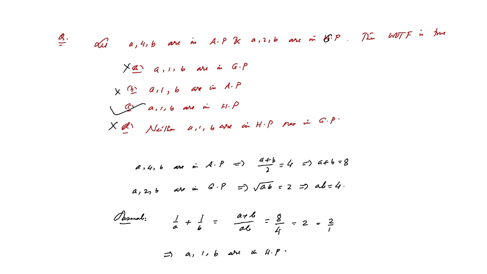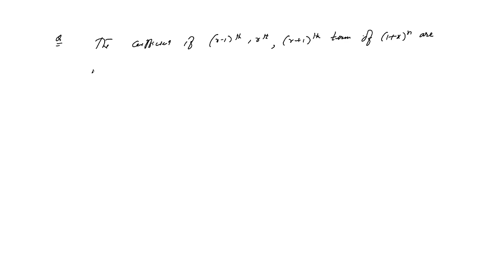There is another question, given from the binomial expansion. The question is: the coefficients of the r minus 1th, rth, and r plus 1th terms of 1 plus x whole to the power n are in the ratio 1:3:5.